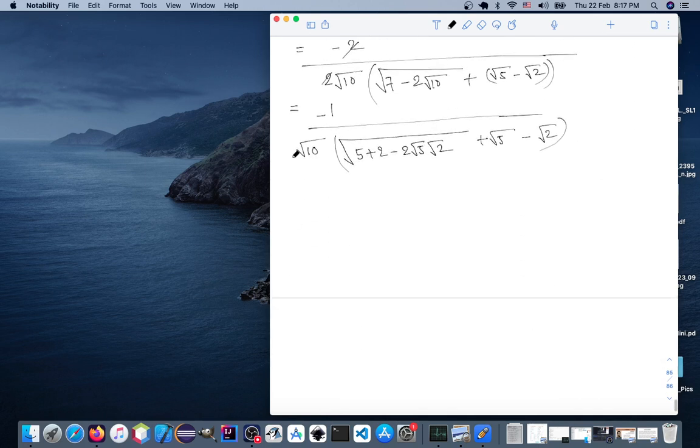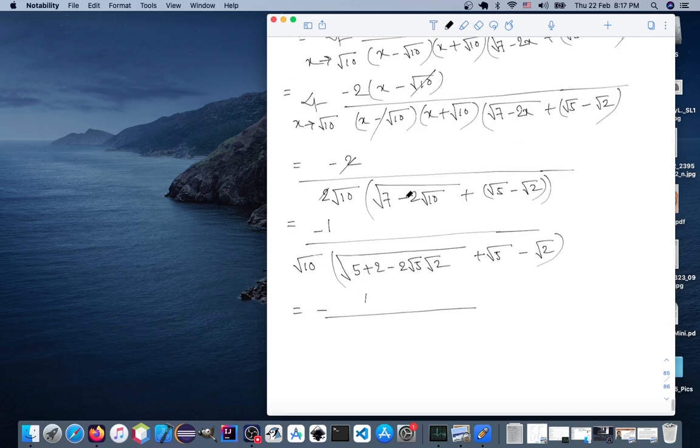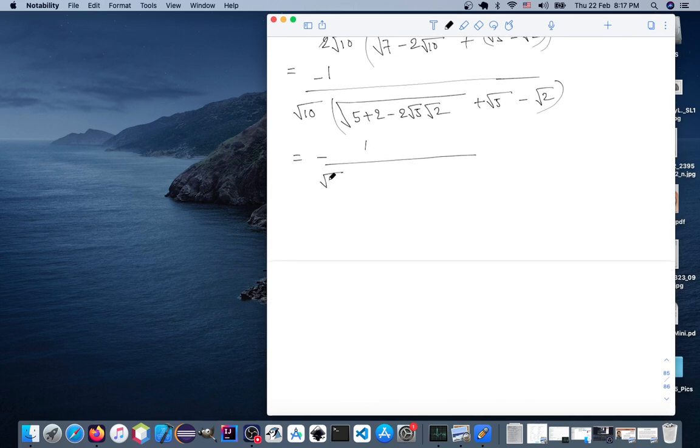So, complicated computation, but anyway we have to do it. Okay, so we have root 10. Over here we have this is root 5 minus root 2 whole square, and this is root 5 minus root 2.